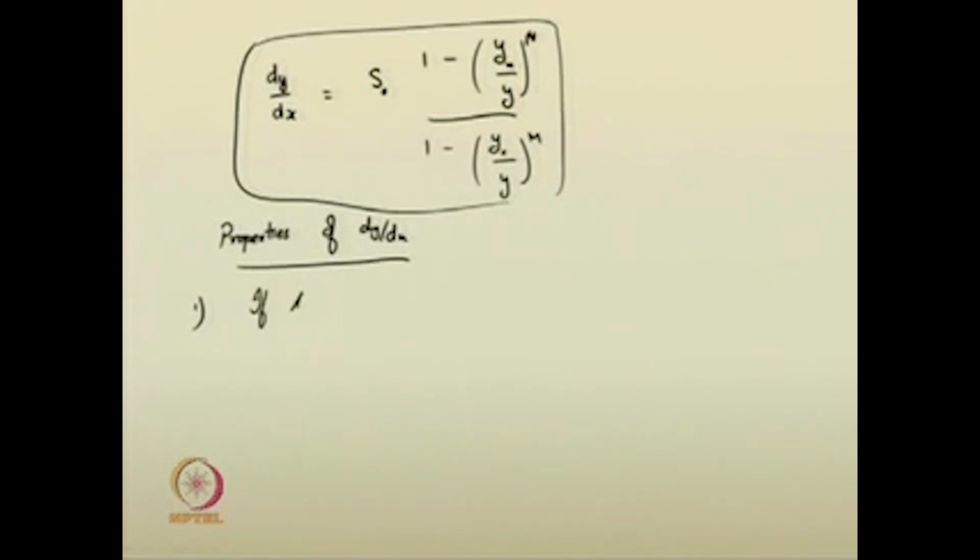If the actual depth of your flow is approximately equal to the normal depth of the flow, then what happens?